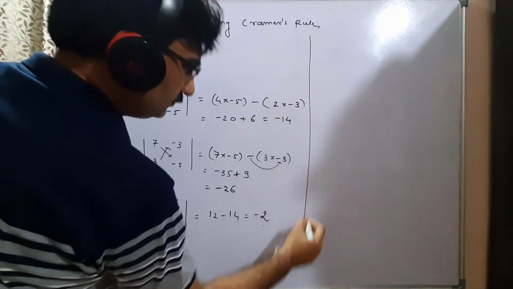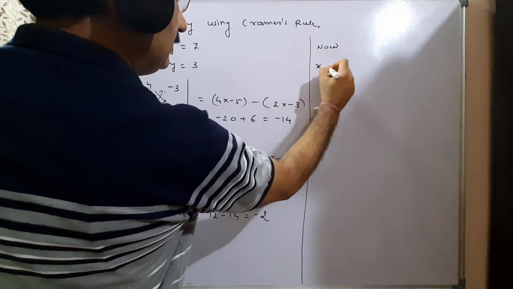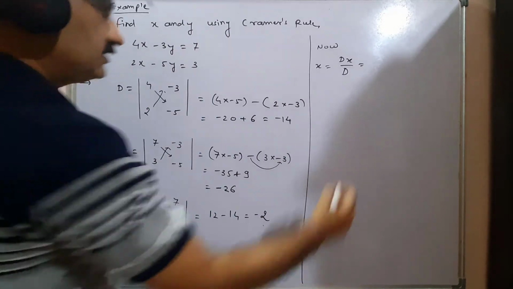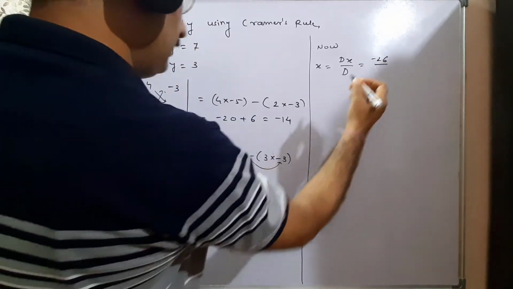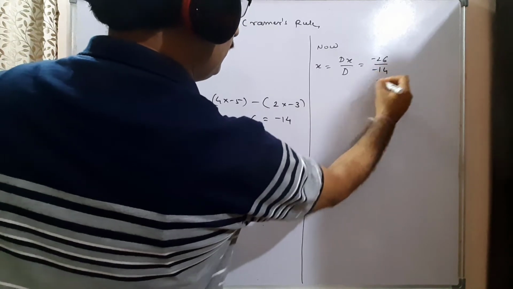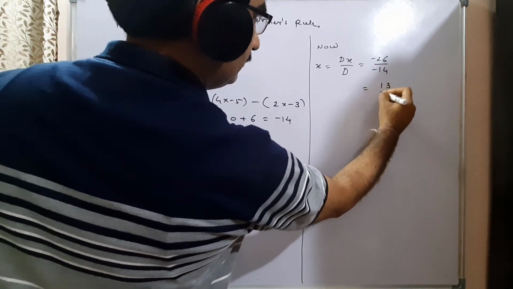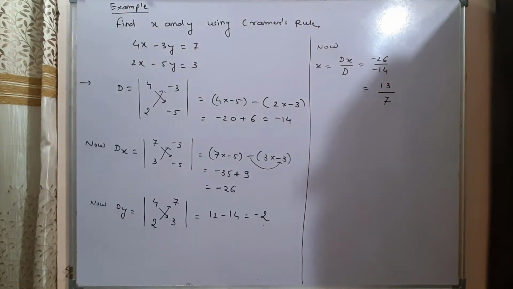Now x is equal to dx upon d. What is dx? Minus 26, and d is minus 14. So what do we get here? 13 by 7.